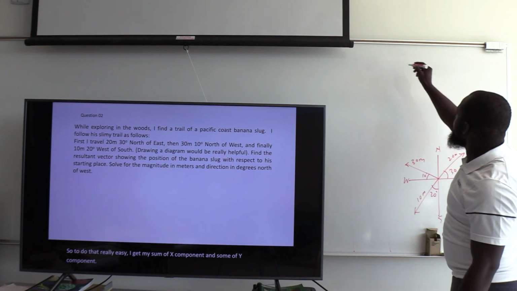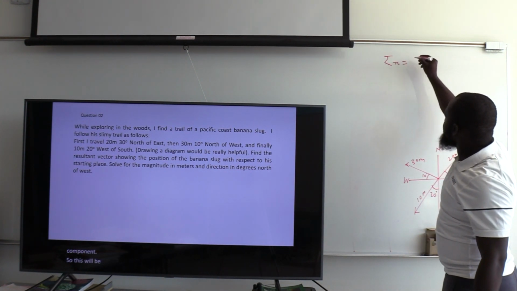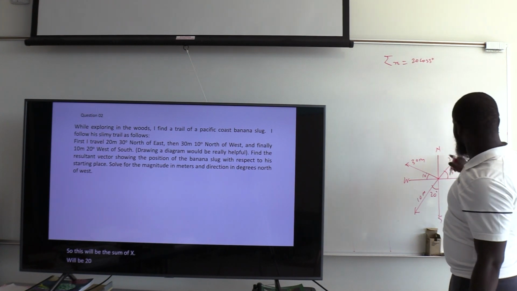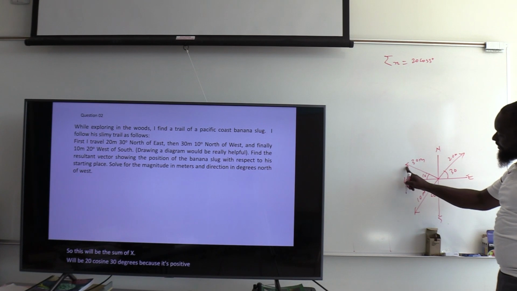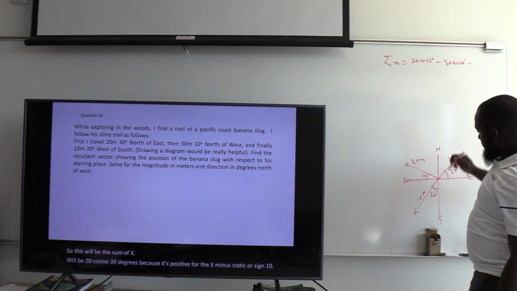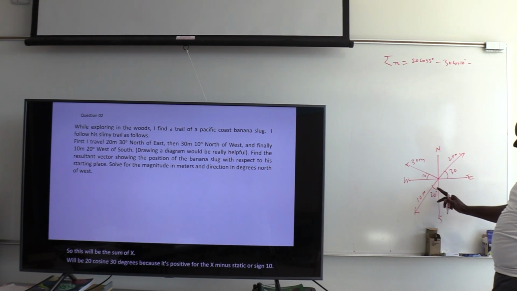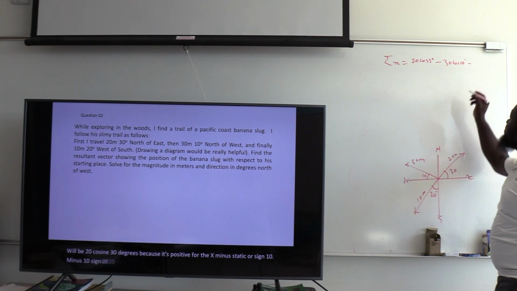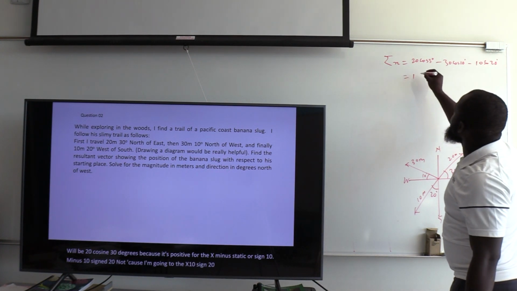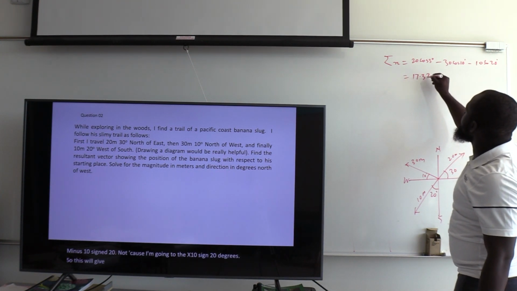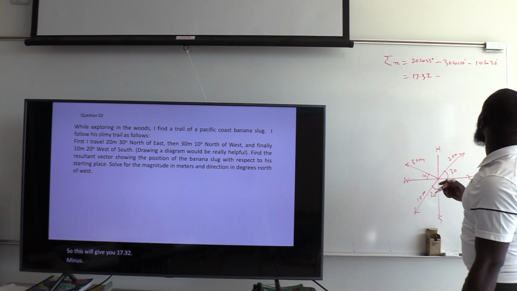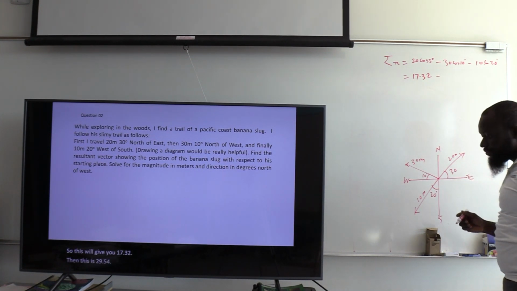So the sum of x will be 20 cosine 30 degrees, because it's positive for the x, minus 30 cosine 10, minus 10 sine 20, not cosine, because I'm going to the x, 10 sine 20 degrees. So this will give you 17.32 minus, I think this is 29.54. So let's do 30 cosine 10.